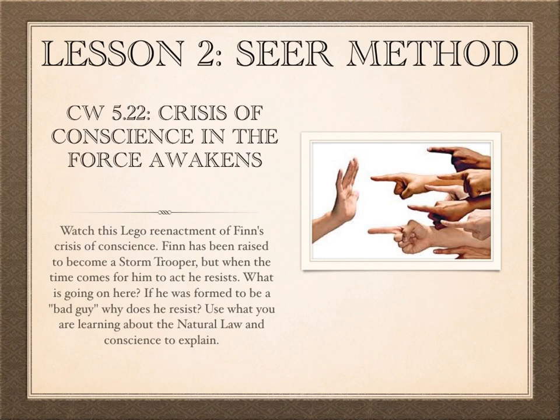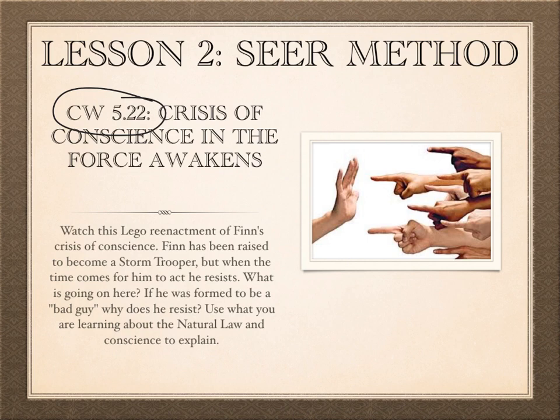For our warm-up for Lesson 2, it's called Classwork 5.22, Crisis of Conscience in The Force Awakens. And if you go to Schoology, there's a link to a Lego reenactment of the scene where they attack the village in The Force Awakens, and Finn has this crisis of conscience.